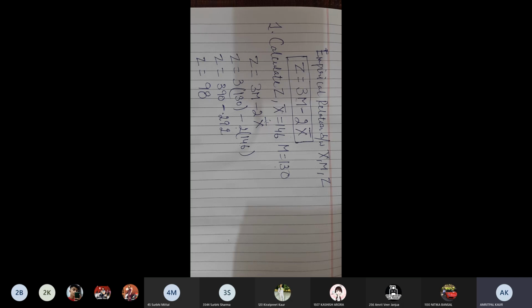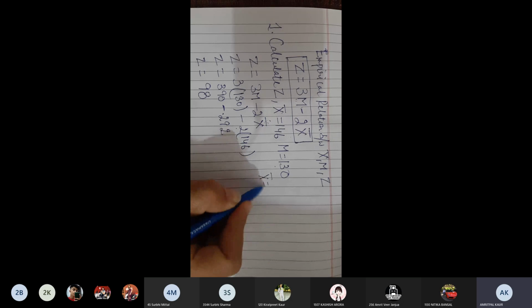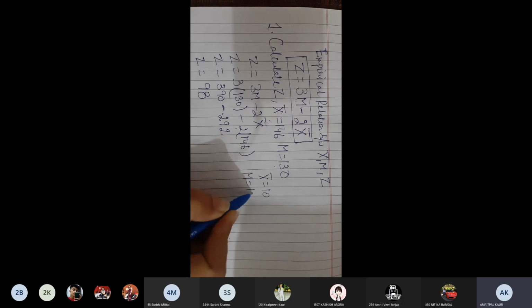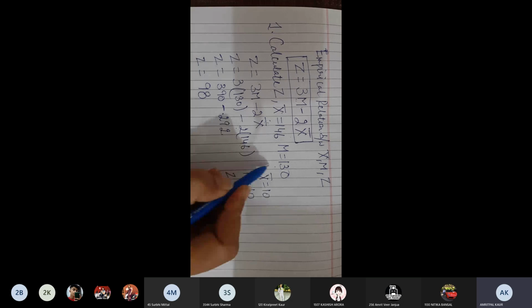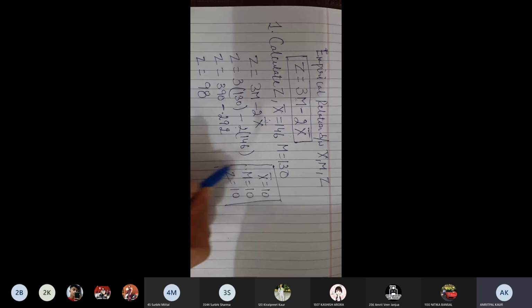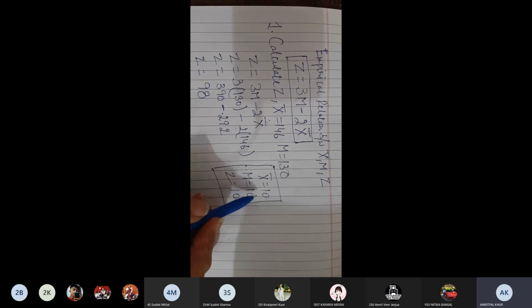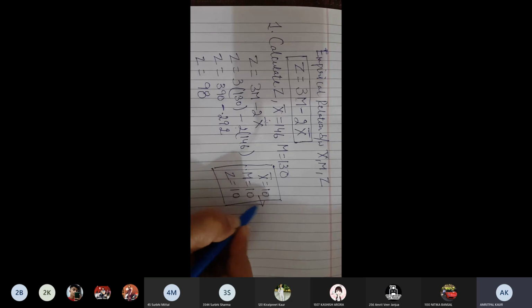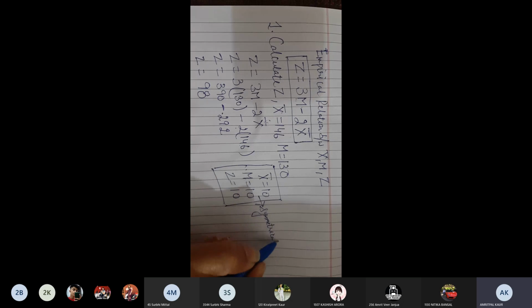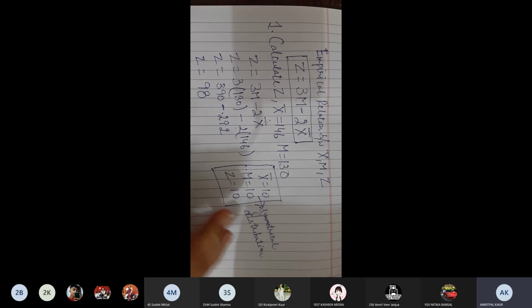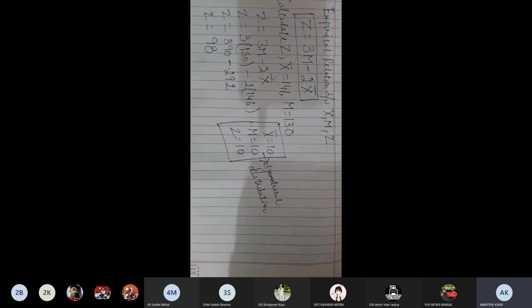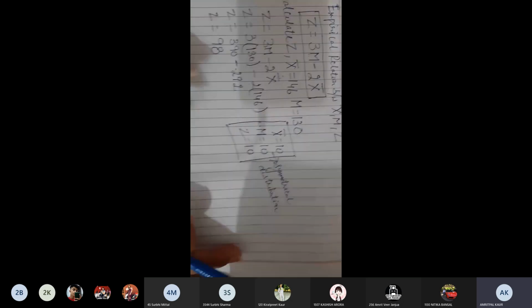And if you get the same value from the same statement, let's say x bar is equal to 10, median is equal to 10, and mode is equal to 10, we call it a symmetrical distribution. What is a symmetrical distribution? It is a distribution in any statement where the value of mean, median, and mode is coming out equal.